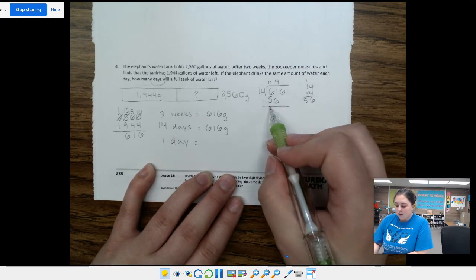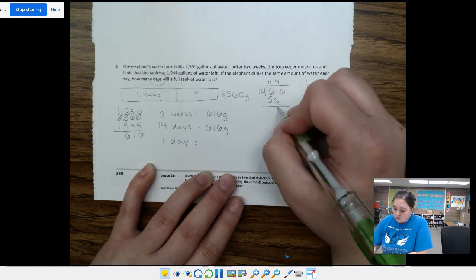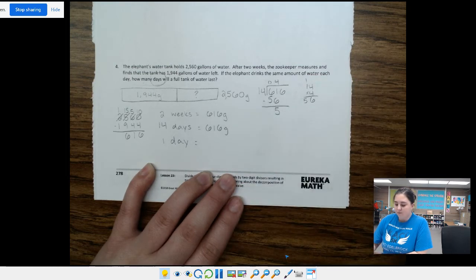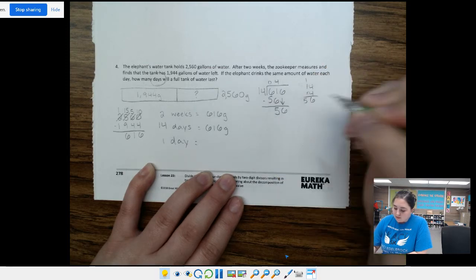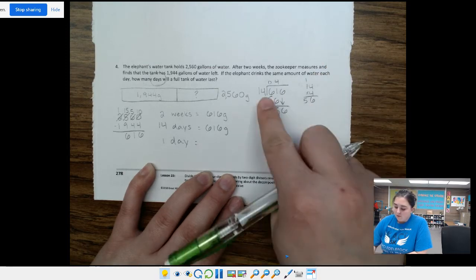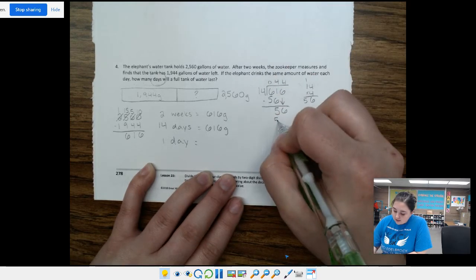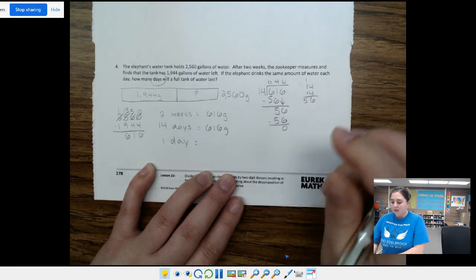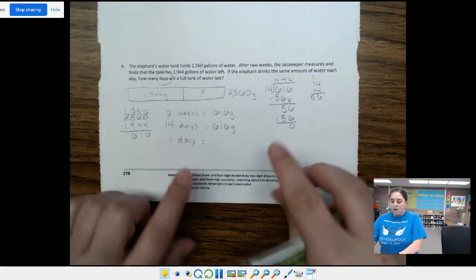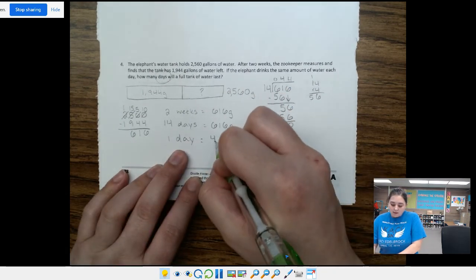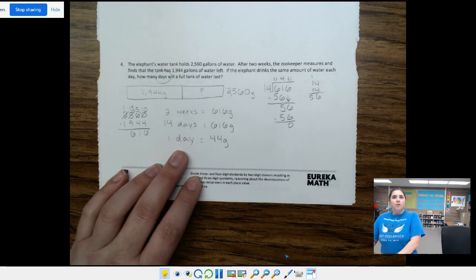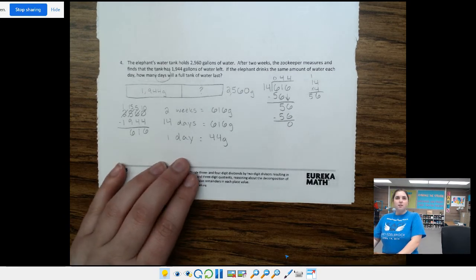And 61 minus 56 would be 5. Bring down my 6. Oh, look at that. 14 goes into 56 4 times, because that got 56 exactly. So in 1 day, 44 gallons of water is how much the elephant drinks.